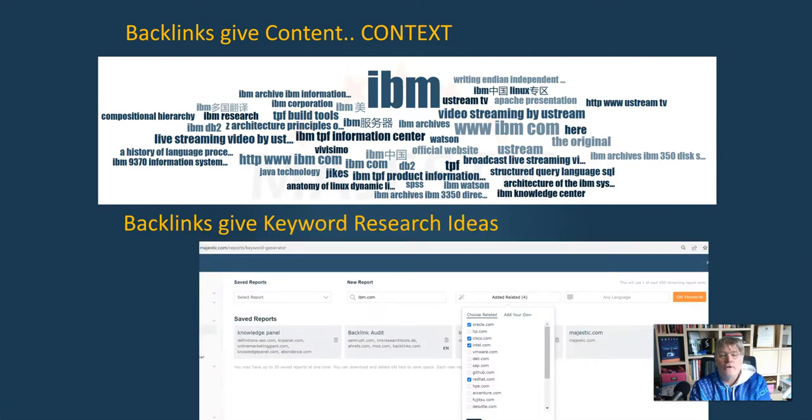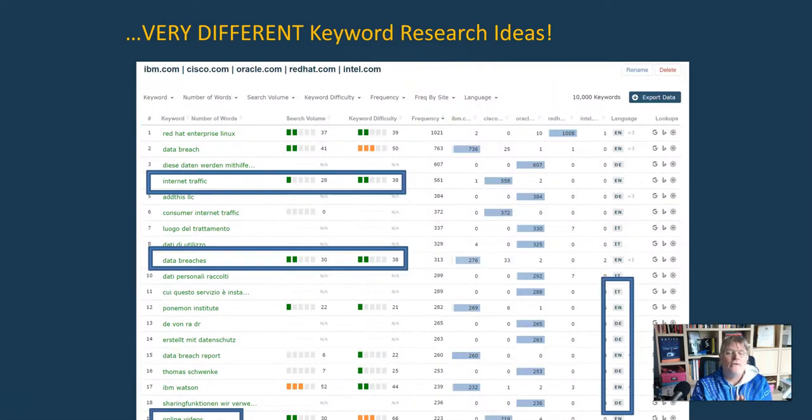So what we could do, for example, is use backlinks to give you keyword research ideas. And a way that you might do this is, well, let's take the IBM example. If I take all the links for IBM and Oracle and Cisco and Intel and Red Hat, who I'd naturally consider competitors, I might get some very different research ideas than traditional keyword tools, because I can compare those backlinks and see what kind of ideas are coming up when I put all those people together.